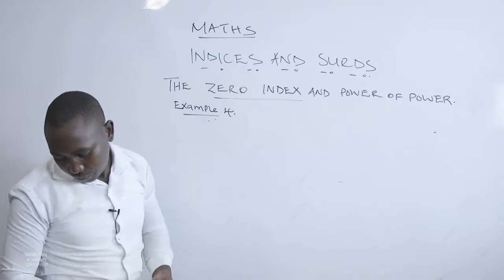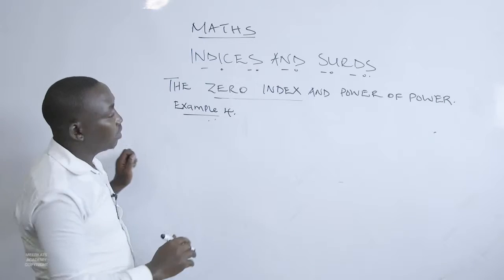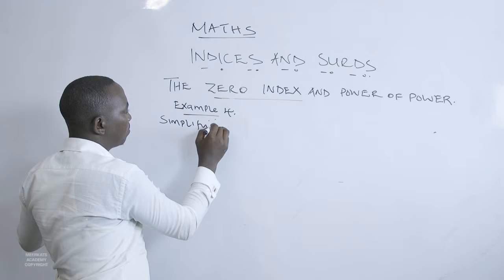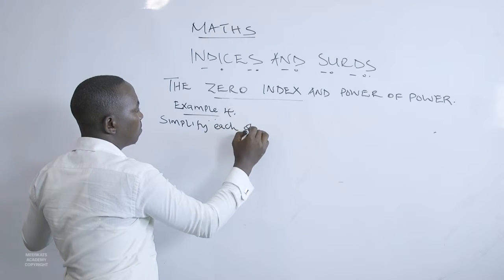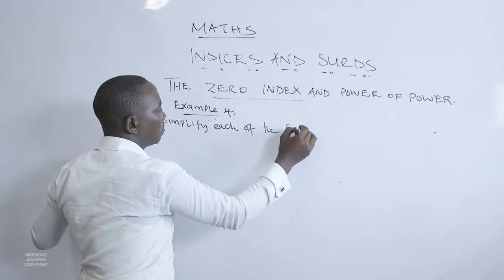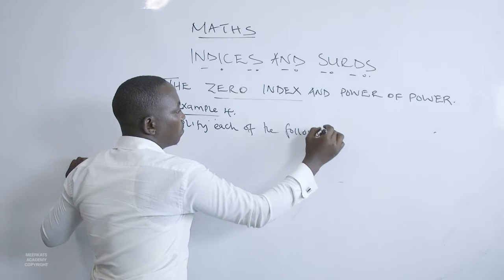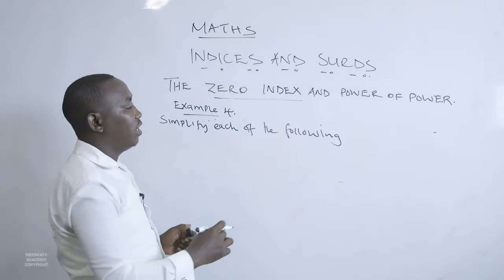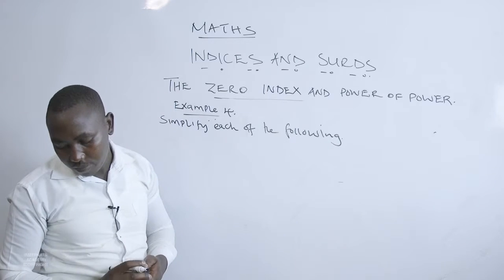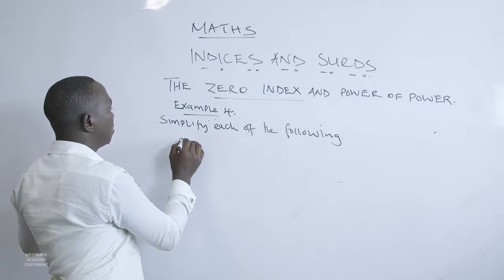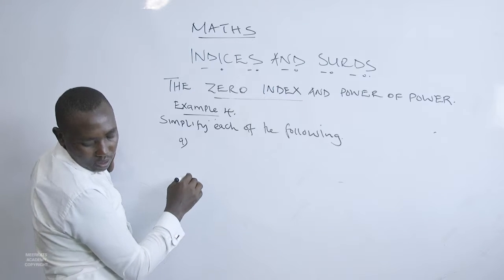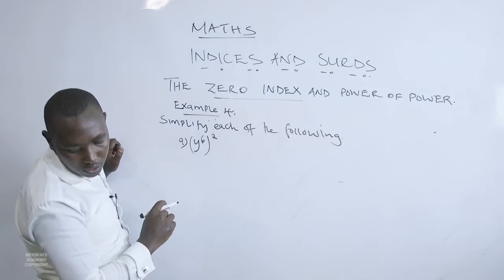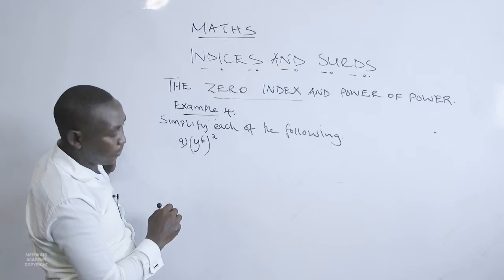Example 4. Simplify each of the following, and leave your answer in index form. Number 1, y raised to 6, the whole of it squared.